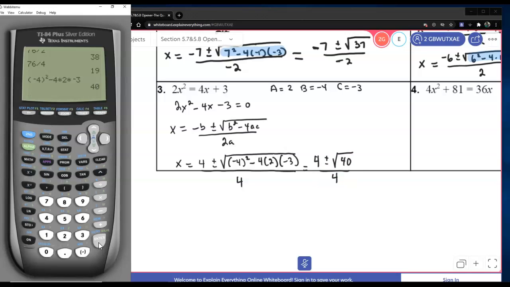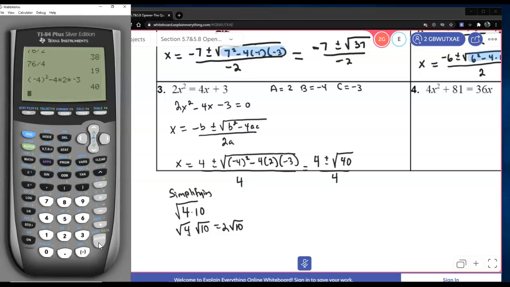40 is the same as 4 times 10. So you have the square root of 4 times the square root of 10. We know that the square root of 4 is 2, so it's going to be 2 square root of 10. This is called simplifying. We've got to find a perfect number that we can find the square root of.